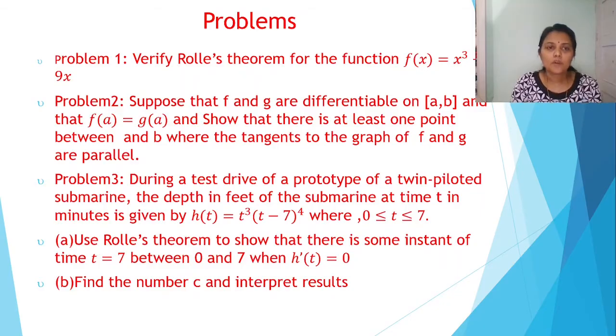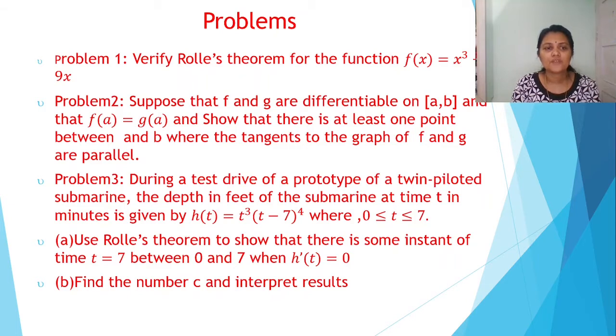Now the next problem is: suppose that f and g are differentiable on the closed interval [a, b] and f of a equal to g of a, and show that there is at least one point between a and b where the tangents of the graph of f and g are parallel.